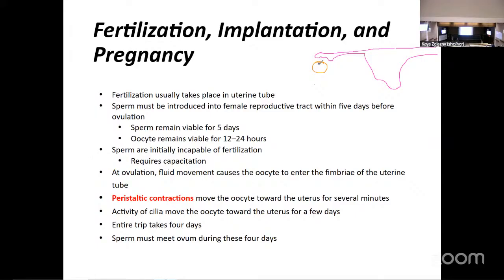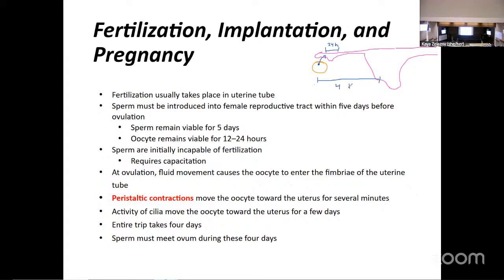So we've had ovulation occur. We get a little bit of the way, but we only have 12 to 24 hours to get there, right? So let's say a day. But to get all the way to the uterus, that would be like 4 days.